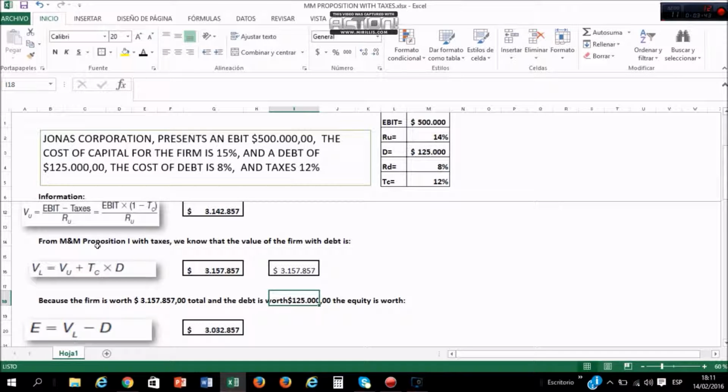From M and M proposition 1 with taxes, we know that the value of the firm with debt is $3,157,857.